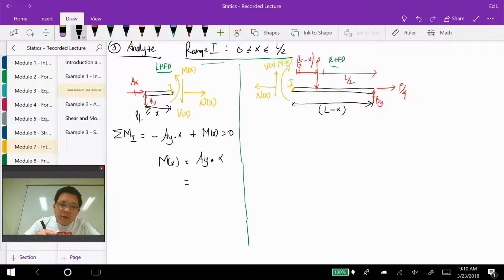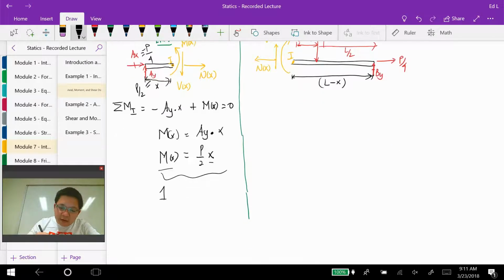Ay is P over 2 from the previous example, and Ax in here is negative P over 4, right? So we have P over 2 times x. Notice that the moment is a function of x, and it's a first order polynomial, so it's a linear line.